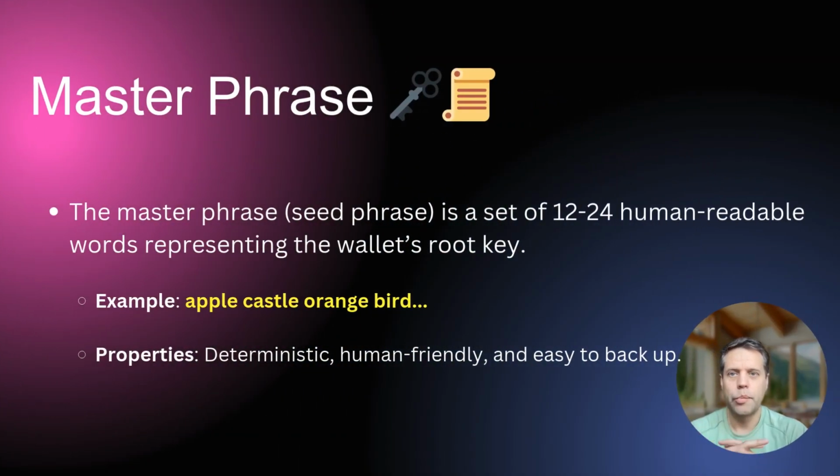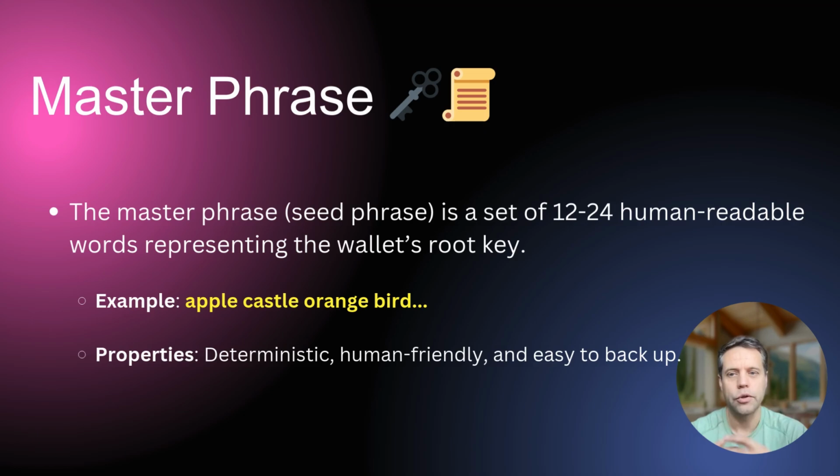So let's talk a little bit more about the wallets that you can manage yourself, usually a hardware wallet or maybe a cloud wallet, and the importance of the concept of a master phrase, which is used to recover the private keys, right? So the master phrase is essentially a set of 12 to 24 human readable words representing the wallet's root key.